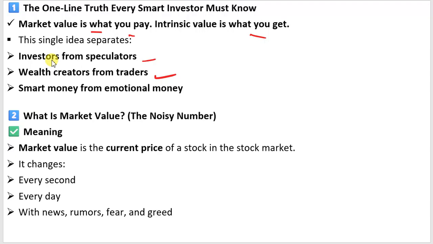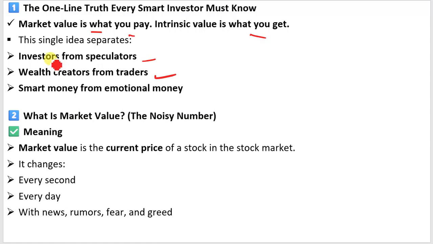Indian examples include Rakesh Jhunjhunwala, who started investing with rupees 5,000. Second, Radhakishan Damani, the founder of DMart, and Ramdeo Agrawal. They often shifted from pure trading to long-term investing.